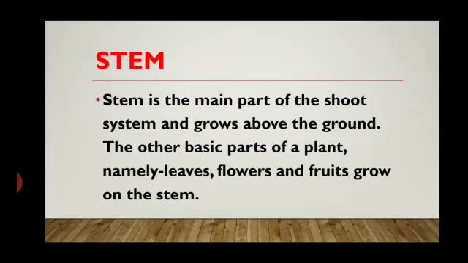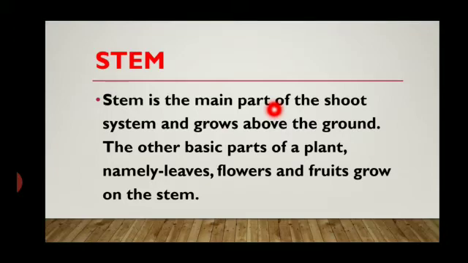Now let's move on. Stem. Every student can know, I have shown with the help of examples, this is the main part of any plant, because the upper part of the plant, where you can see different parts like flowers, leaves, fruits, these are all connected with the stem.